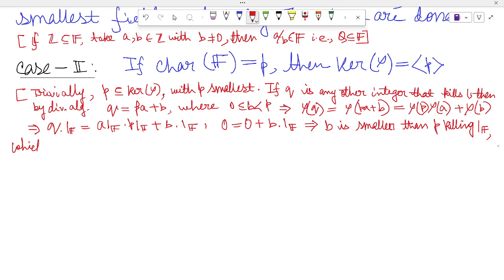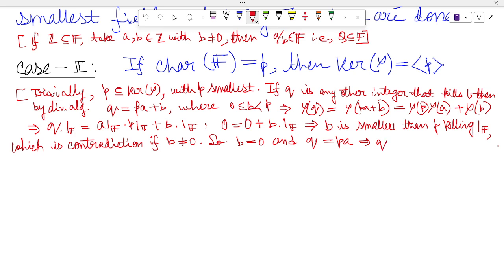Which is a contradiction if b is non-zero. So b must be 0, and q equals pa, which means q will be inside the ideal generated by p.